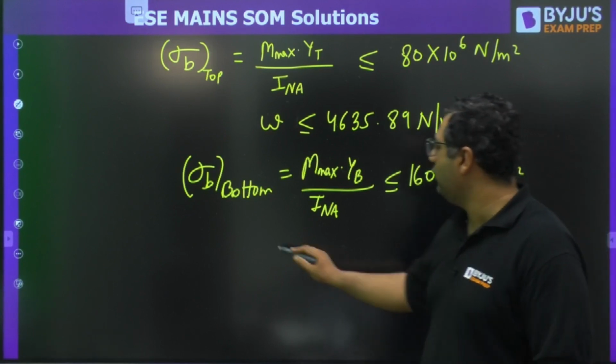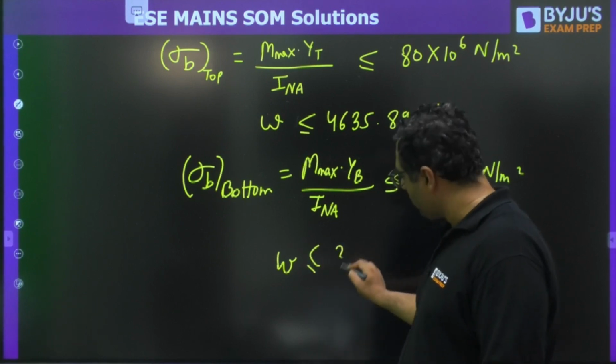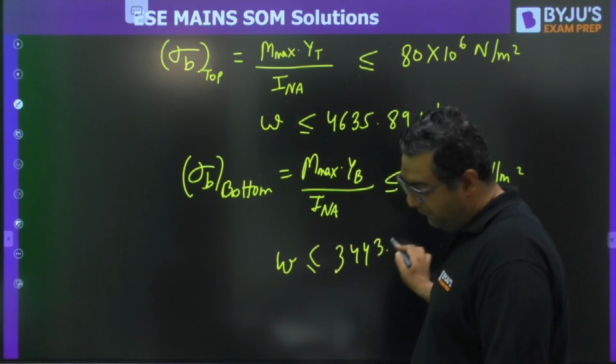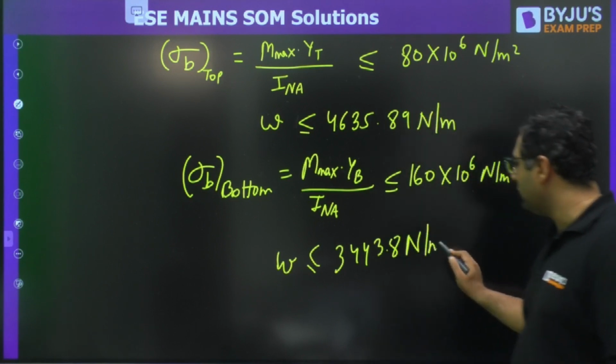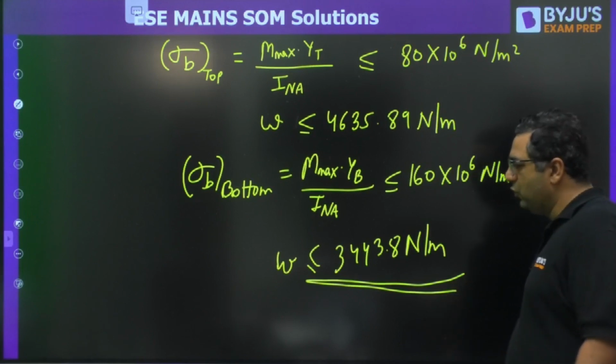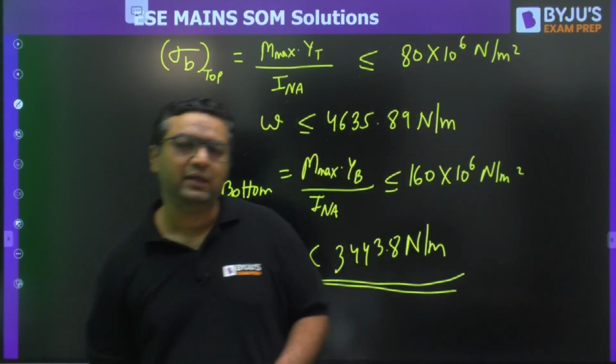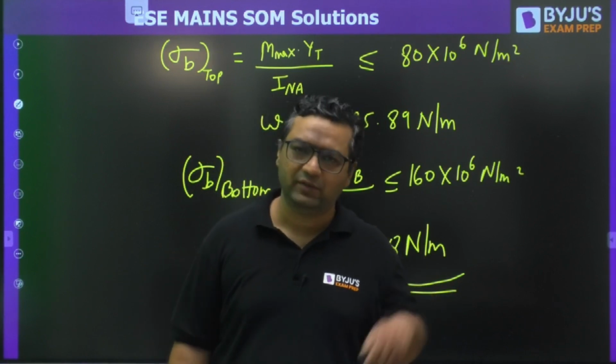This will give us W less than or equal to 3443.8 Newton meter. So guys, as this is the lower one, we will go with this value as the answer.